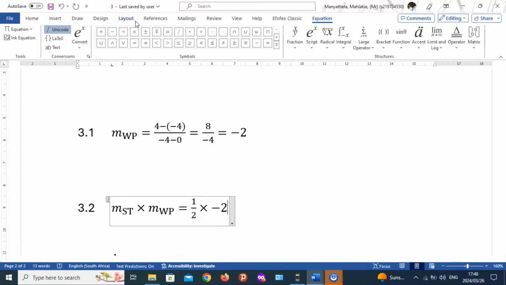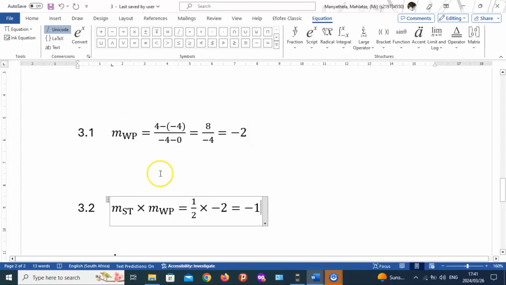And 1 over 2 times -2 is the same as -2 all over 2, which will give us -1. So if we multiply two gradients of lines and they give you -1, you can conclude by saying those two lines are perpendicular to one another because the product of their gradients is equal to -1.